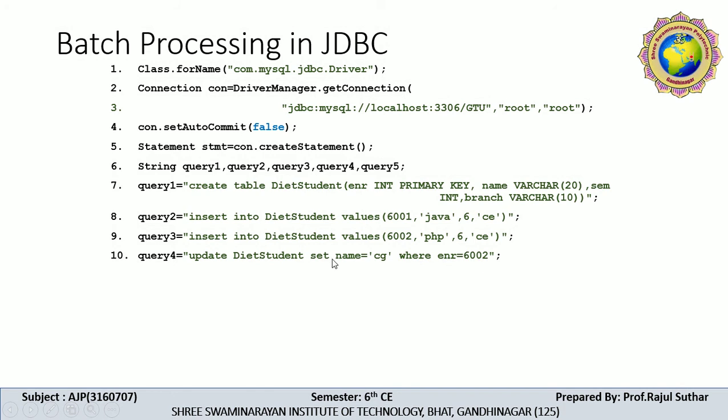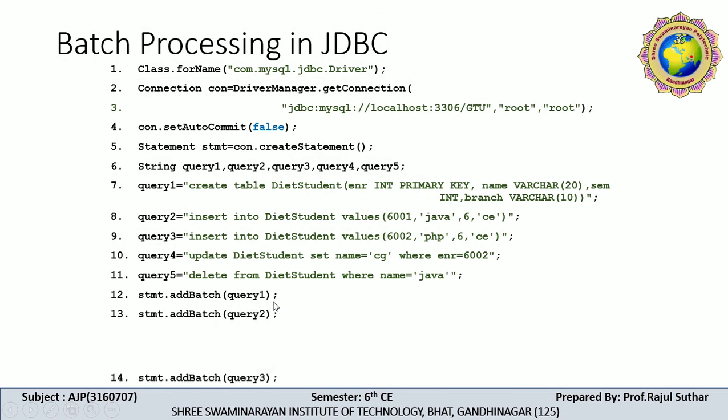We are updating the record of the second enrollment number. And the last query is delete from diet student where name is equal to Java. So delete the record. Statement.addBatch(query1).